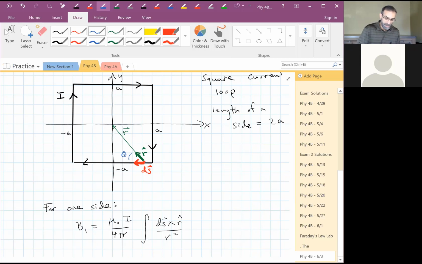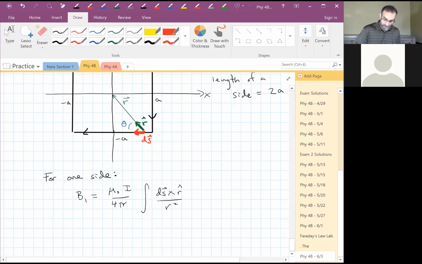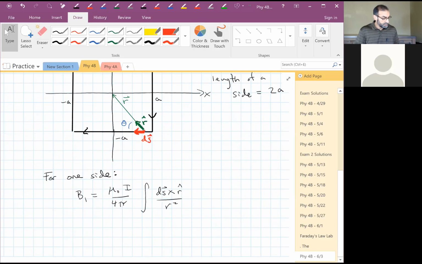So let's write all that out. Let's see, what do we know here? Of course, we know mu naught and I. Let's just look at what's in the integral here. ds, in this case, what's ds going to be?